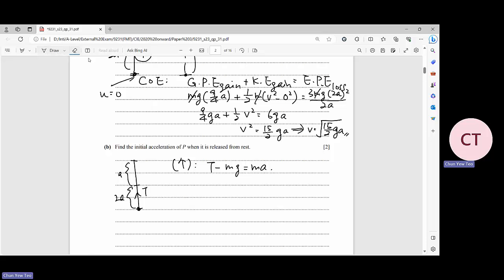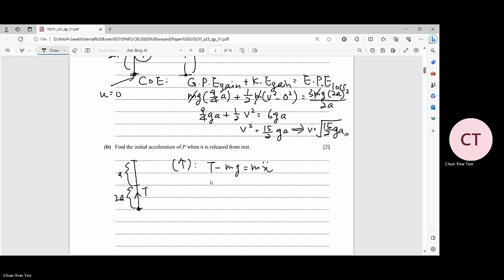To avoid misunderstanding, because this a is acceleration and the a here is the length, I will use x double dot for the acceleration.